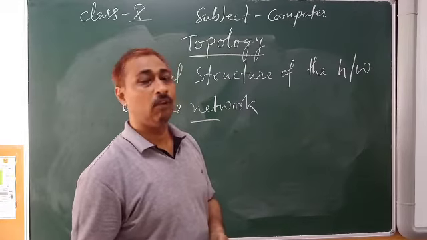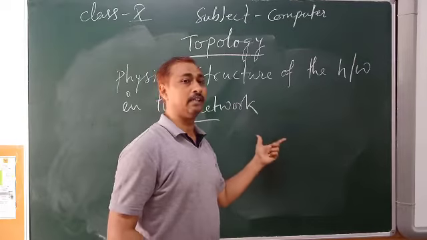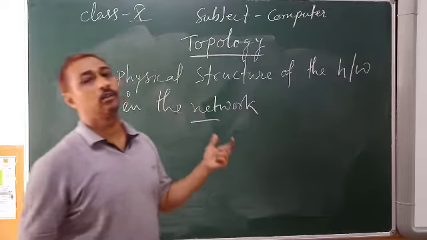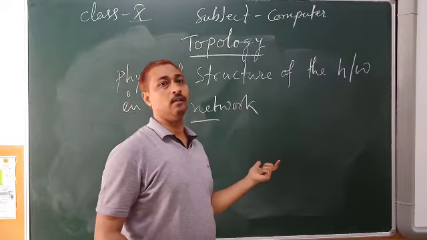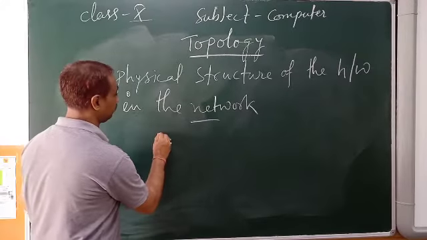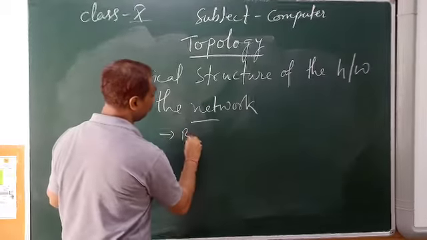That means whenever we create a diagrammatic representation, it shows how the topology is going to work. Now, topology has three types.